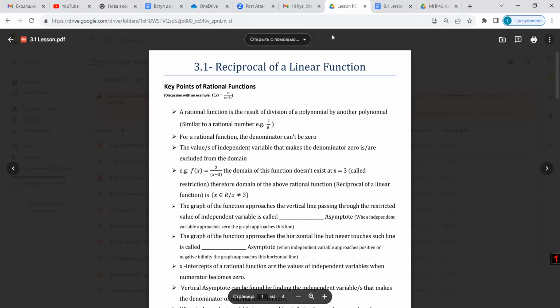Basically, a rational function is the combination of two polynomial functions.